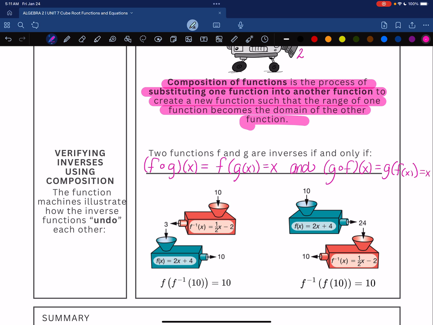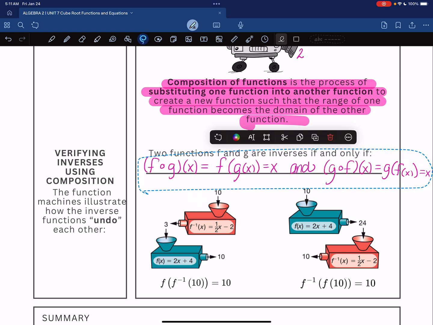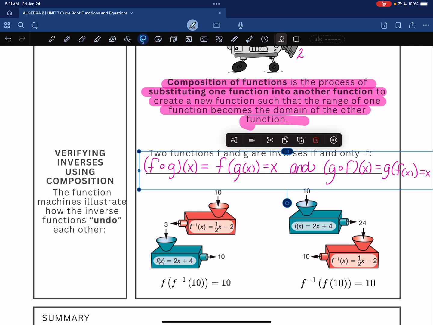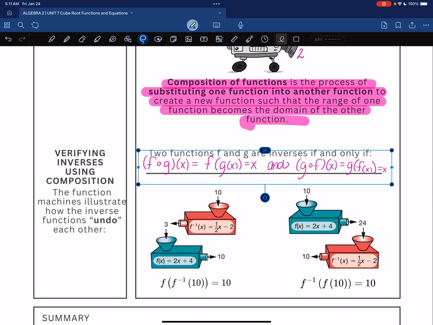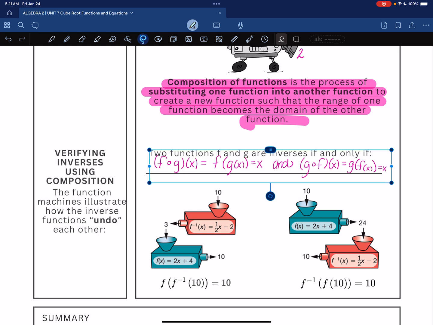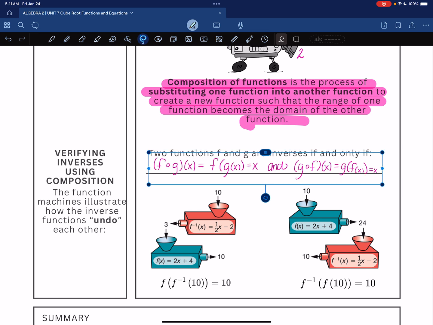So no matter which way you compose it, no matter which function you plug into the other, whatever you plug in at the very start will be the output at the very end. And I've illustrated that here in this little diagram.